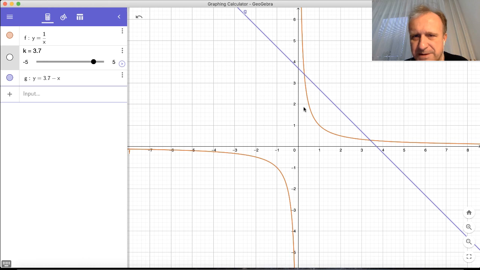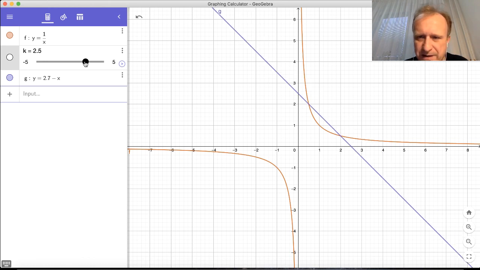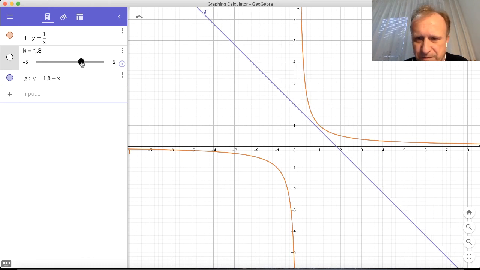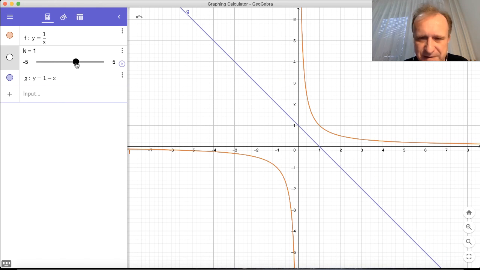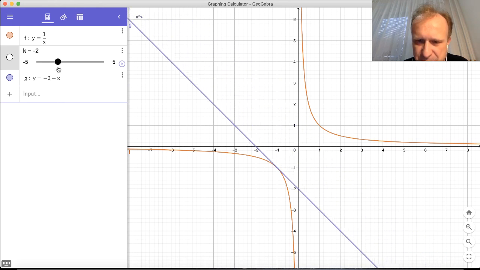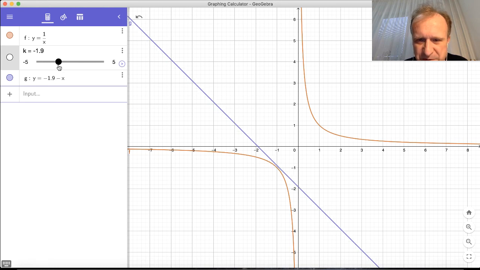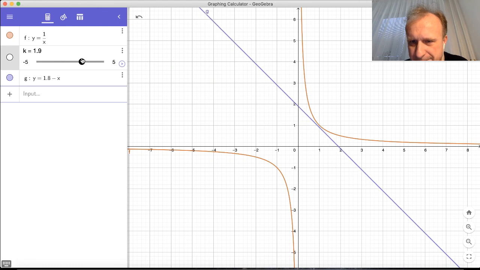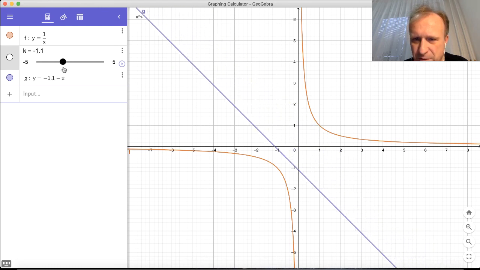Okay, and when k is less than 2, like this, but at the same time greater than negative 2, so when it's between negative 2 and 2, we get no solution at all. There is no solution.